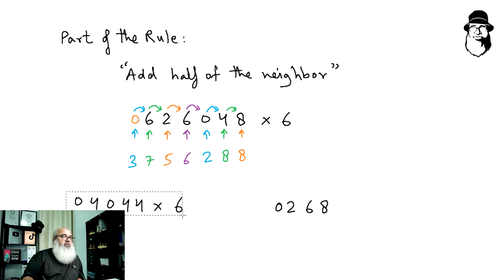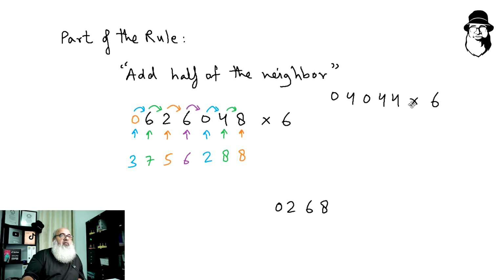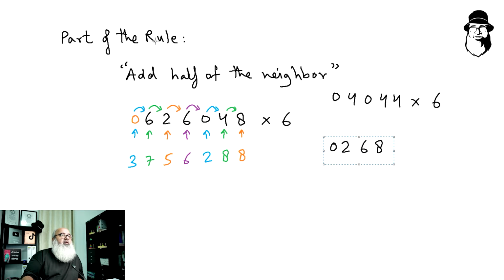Let's bring this here and bring this here, and I will keep writing here now. 268484 times 6, 24 times 6. So do these two and pause my video, do these two, and then I will tell you the answer.